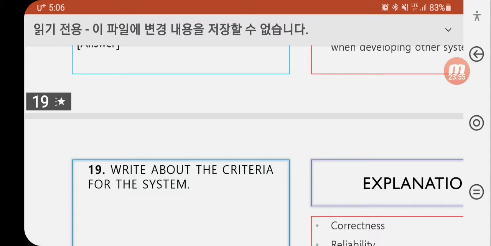The criteria of system evaluation is 7 factors.